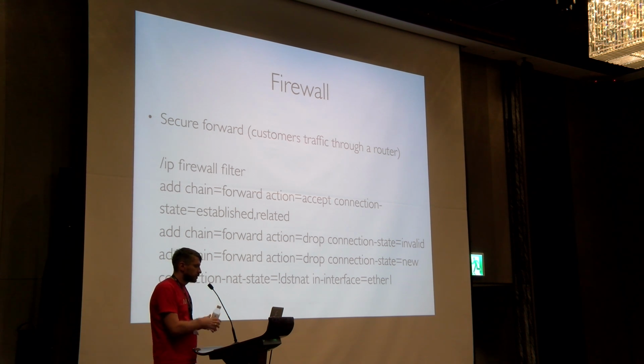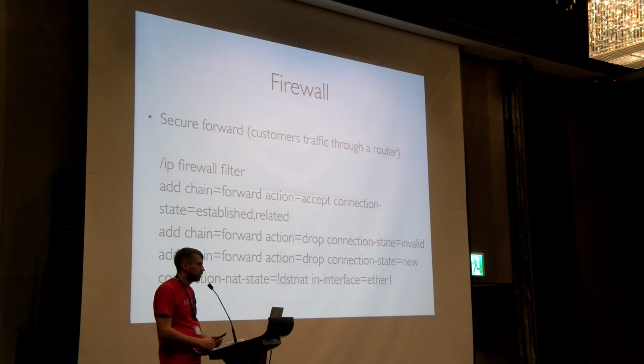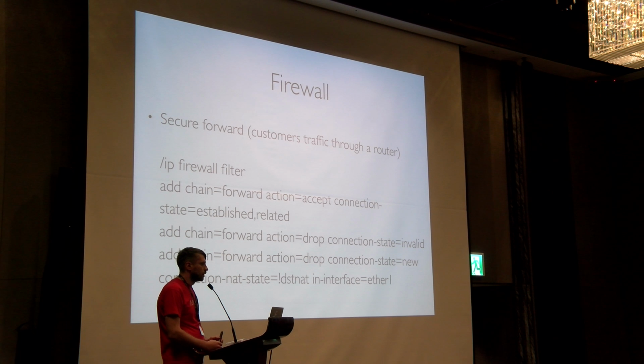And the third rule is to make sure that you have packets from clients that are connected to your local interface, and that you don't have NATed packets on public interface. If somebody pretends to be with NATed packets on the interface ether1, we drop this as well.